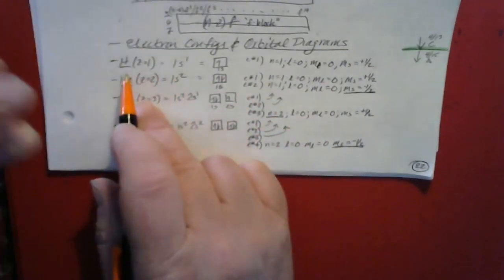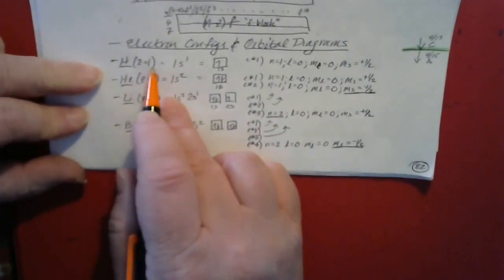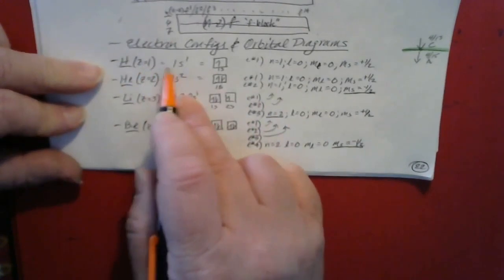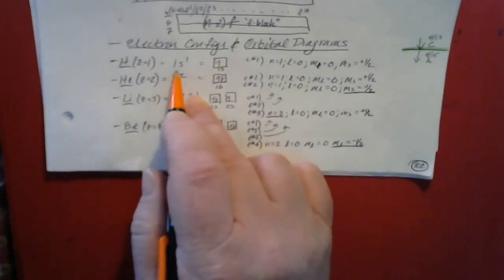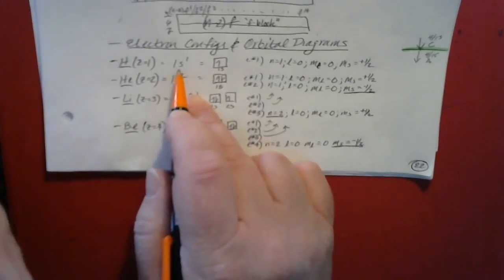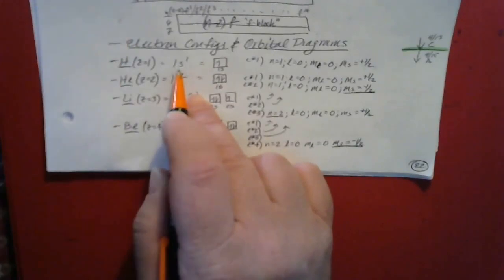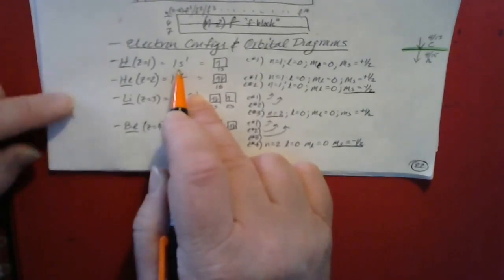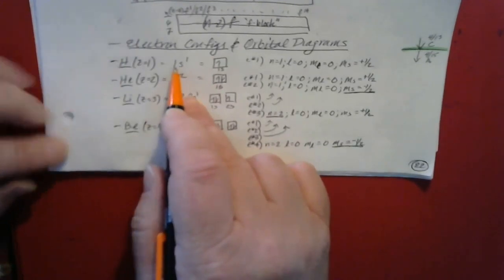Okay, so starting at the beginning with hydrogen, 1 electron, that's pretty simple. Atomic number 1, meaning 1 electron. Its first electron, according to the Aufbau principle, will go into the lowest energy position available. Since we haven't added any electrons at all yet, all of the positions are available, but the lowest energy position would be the S-type orbital in shell number 1.